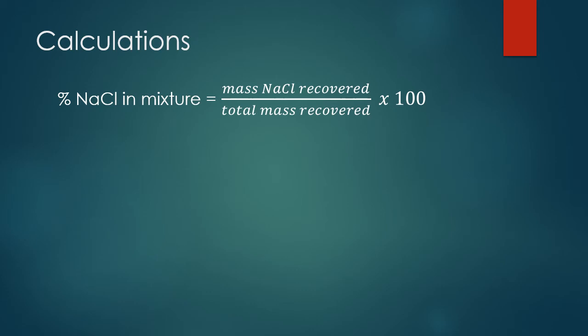You're going to take the mass of the sodium chloride you recovered, so you're going to go back to your data summary, find the mass of just the sodium chloride that you recovered, and divide it by the total mass that you recovered, so the mass of the sodium chloride with the silicon dioxide. And since it's a percent, you need to make sure that you're multiplying it by 100 to get it in a percent form. Notice when you do this division, the grams of the sodium chloride and the grams of the total mass will cancel, so the units on it is just percent.